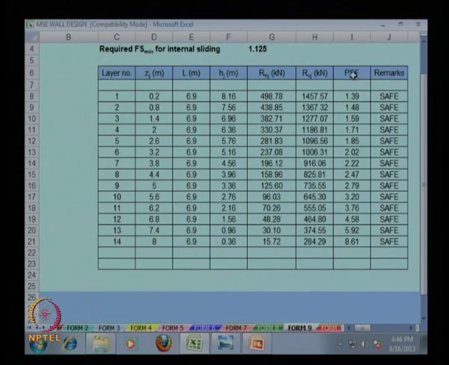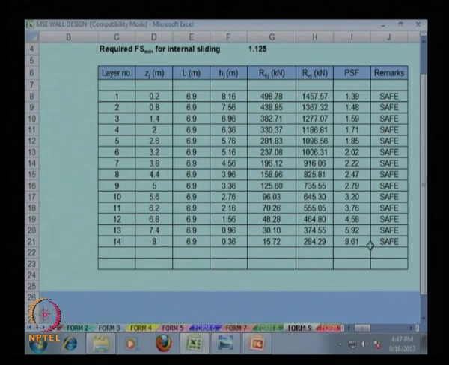Then you check the partial safety factors. They are 1.39, 1.48, 1.79, and you calculate the partial safety factor, knowing Td design divided by Tj that is required.